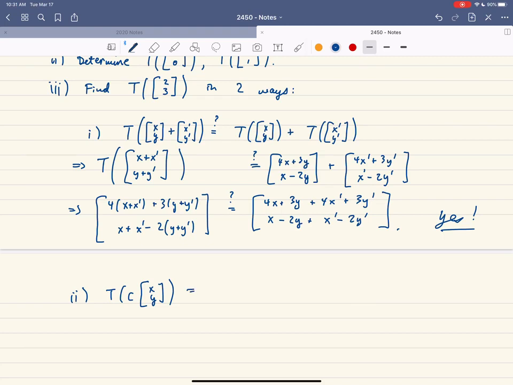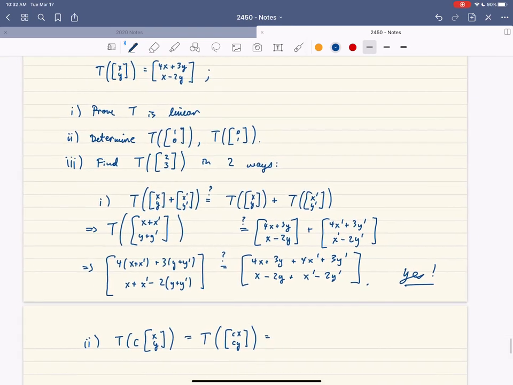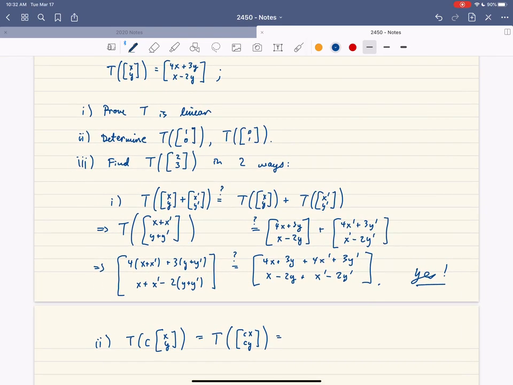So we're going to look at T of, if I take the c and multiply through, (cx, cy), because we know that when we take a vector and multiply through, that's how it works in R2. Now we think about what our image is if we put (cx, cy) into our transformation.